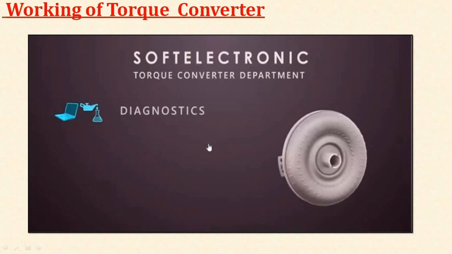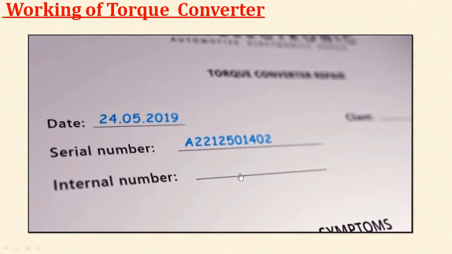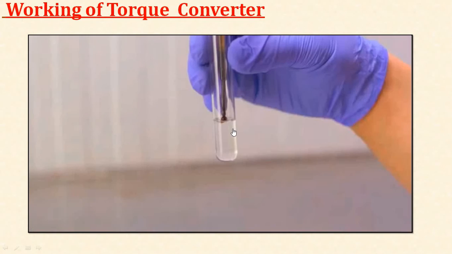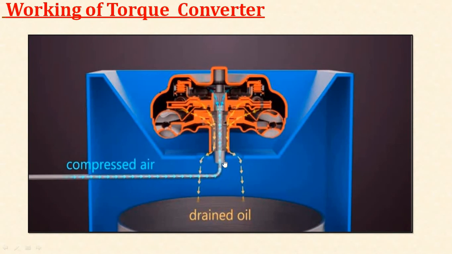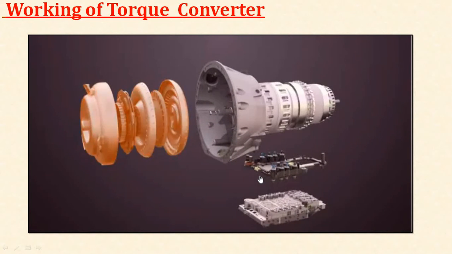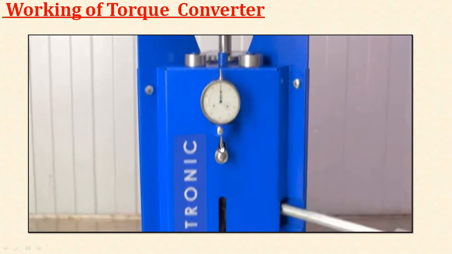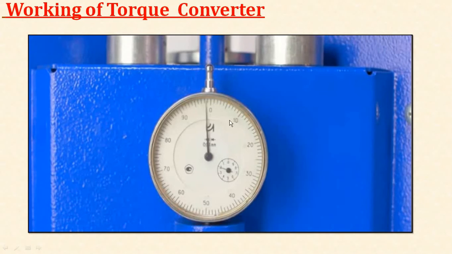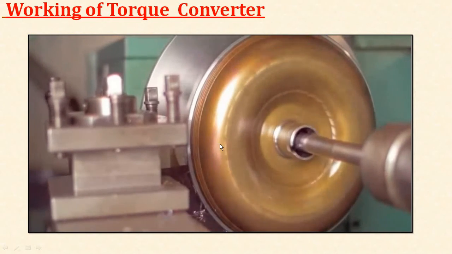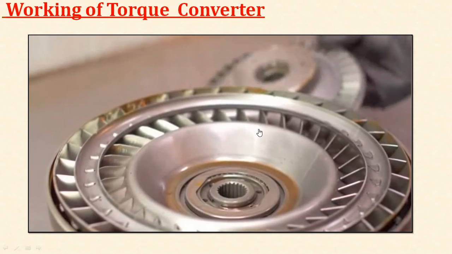For diagnostics, maintenance and repair, we can use the internal part numbers that are provided. As a case study, oil of specific viscosity is compressed inside the torque converter and checked, then it is checked for the gap and the inside pressure with the help of different equipment. Balance is also checked for transmitting the torque, and the extra portion is removed.